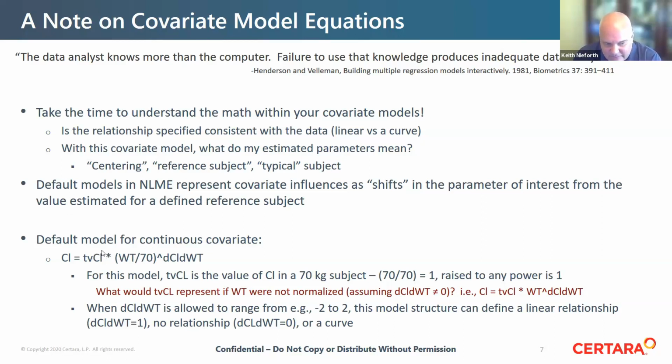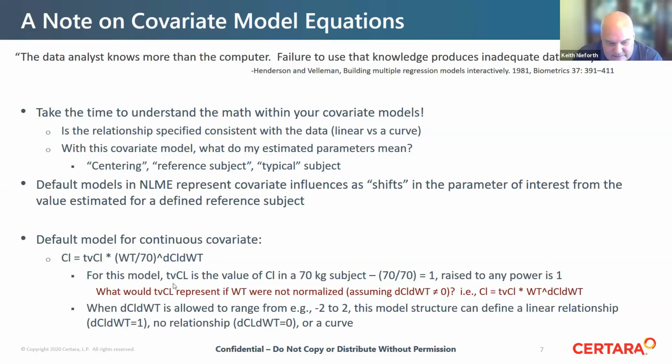If you look at the default model for a continuous covariate, we have clearance equals a typical value of clearance times, we'll look at weight, for example, weight over 70, so it's normalized to 70, raised to the exponent dCLdWeight. The dCLd, dVd, that's just NLME convention, but this is what you're estimating when you're adding the covariate effect.